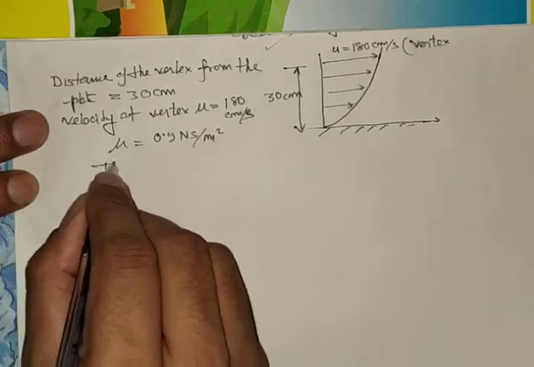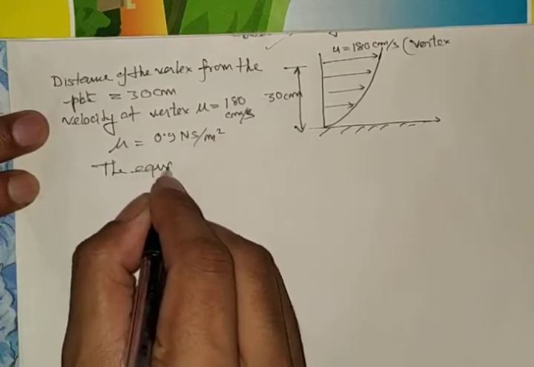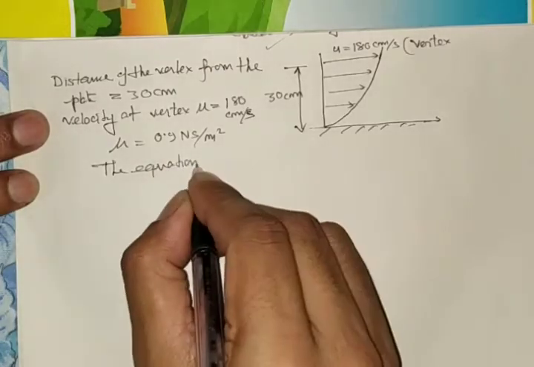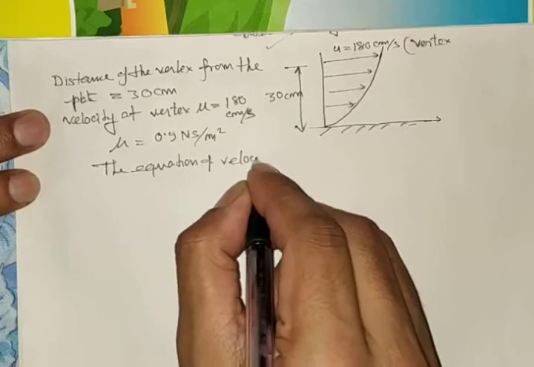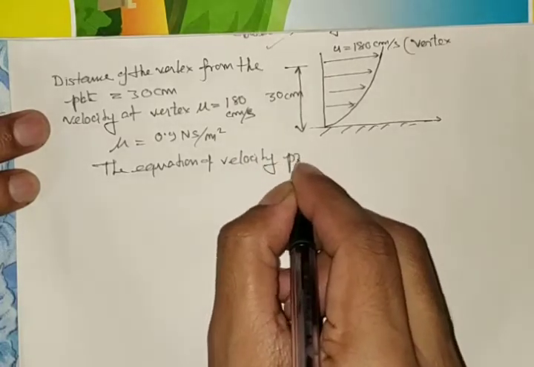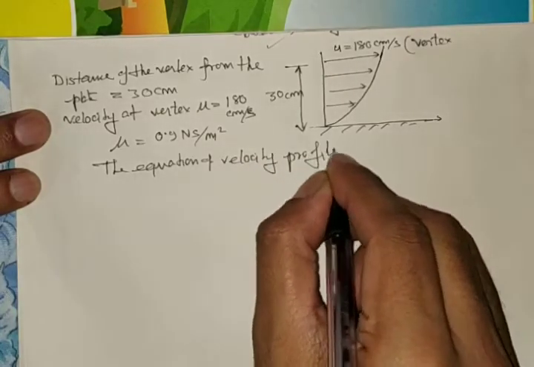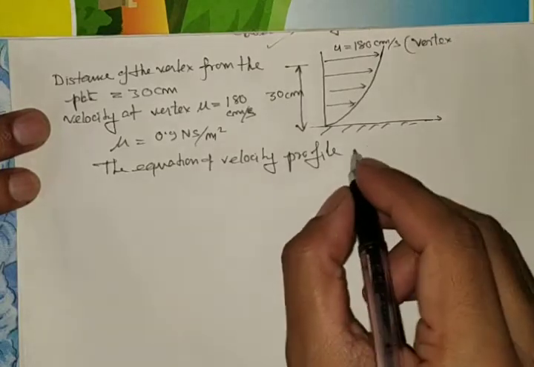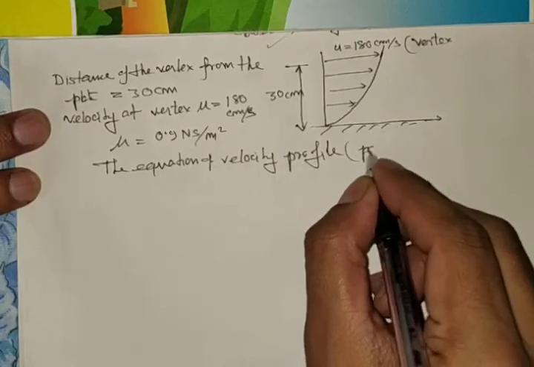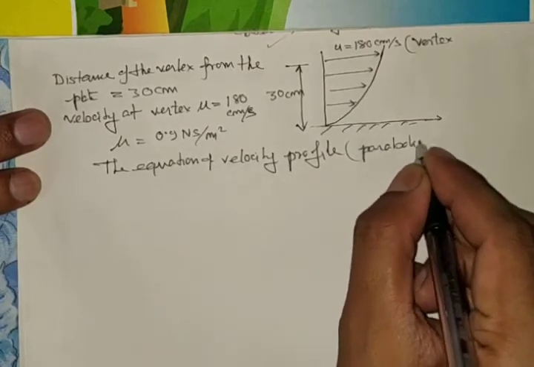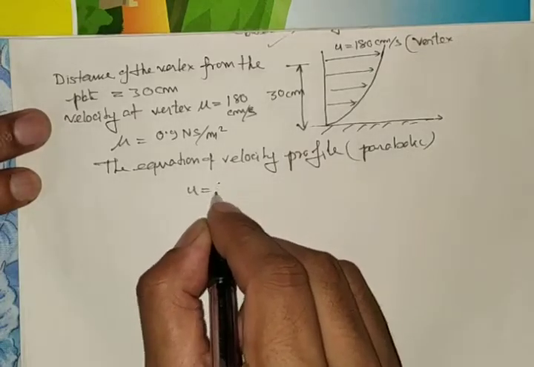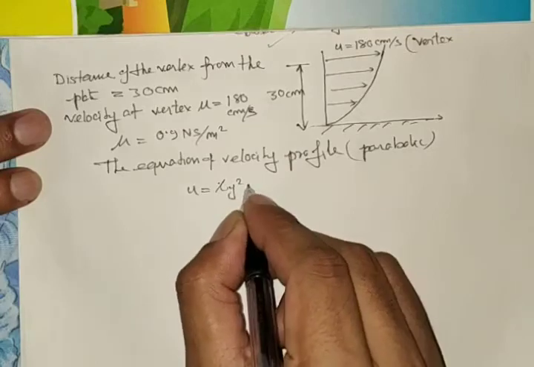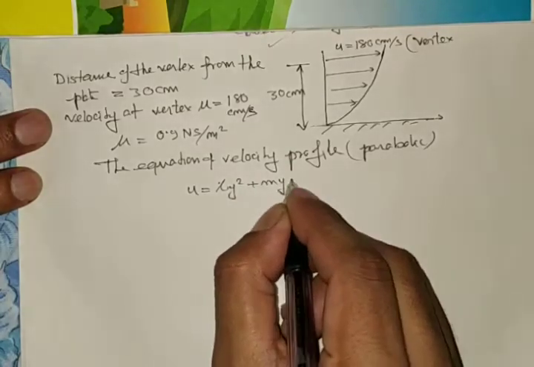Now the equation of a velocity profile, which is parabolic, so you can write u is equal to L y square plus m y plus n.